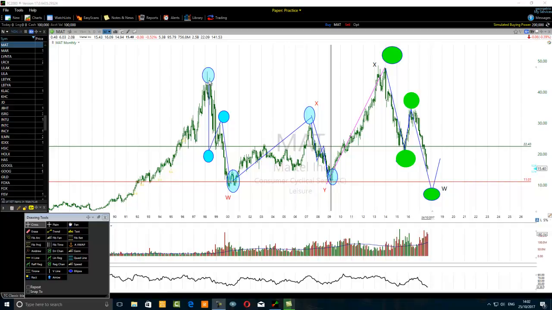But I need to remind traders that when we are talking about the WXY wave pattern in the second wave, very often you will see it when we are dealing with a higher degree wave count. More frequently on a higher degree wave count, you may see that the second wave may be a WXY. Right? So just understand that, right?